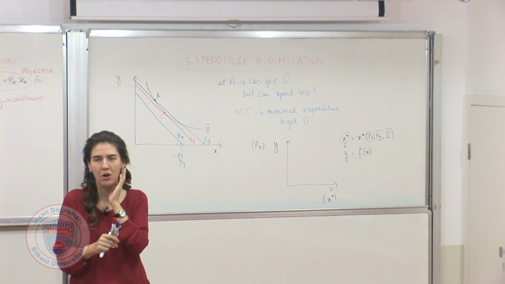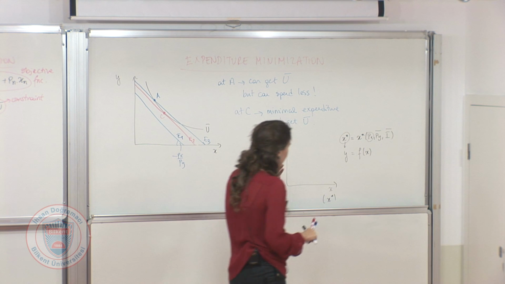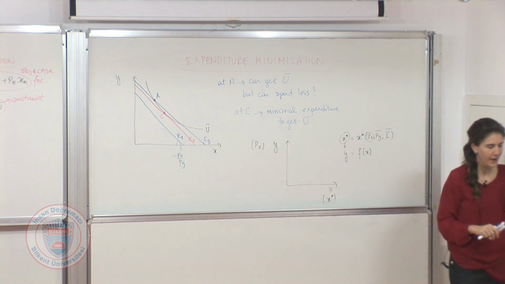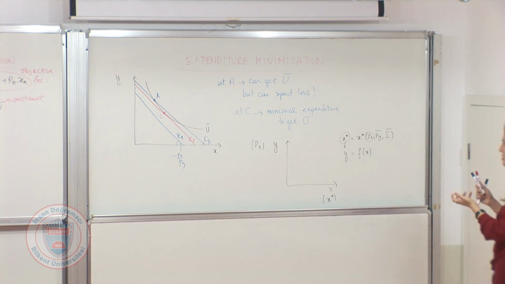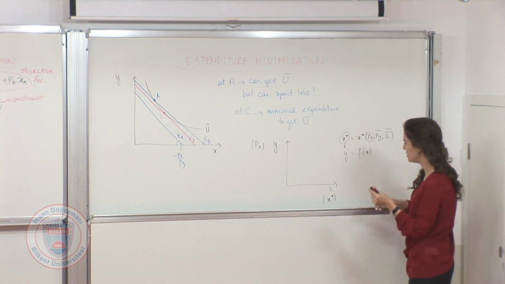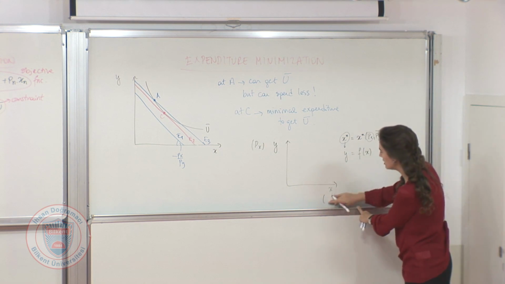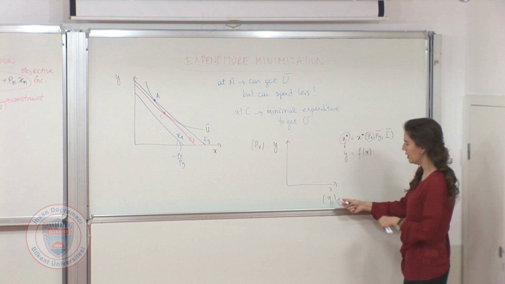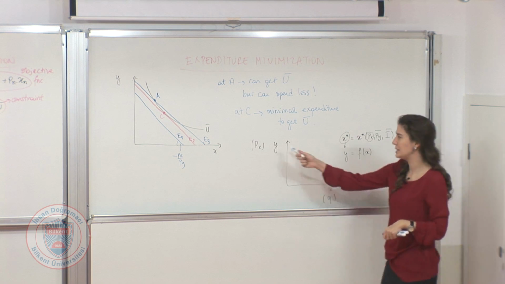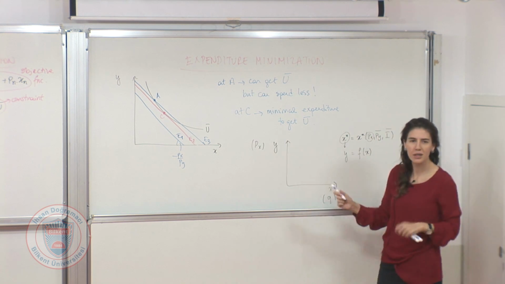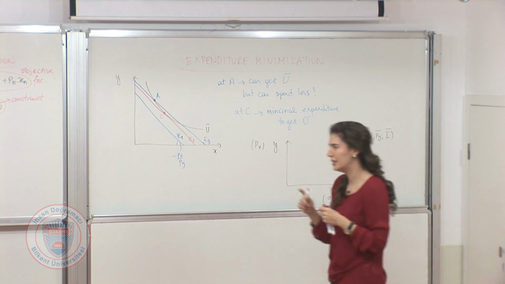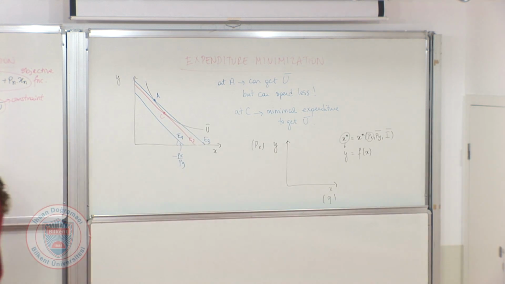But usually, because those are just functions, we should be putting quantity here and price here. But that's why this is called Marshallian demands. These type of demands are called Marshallian.